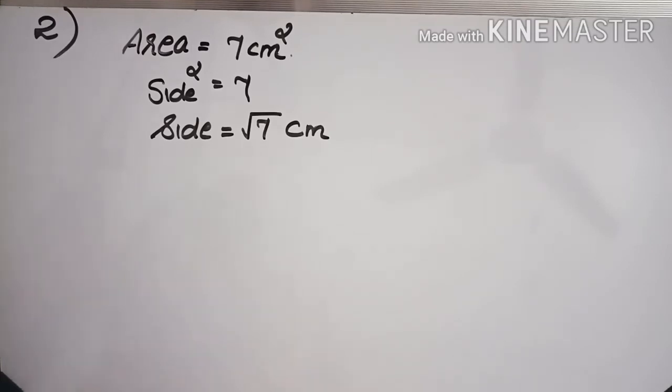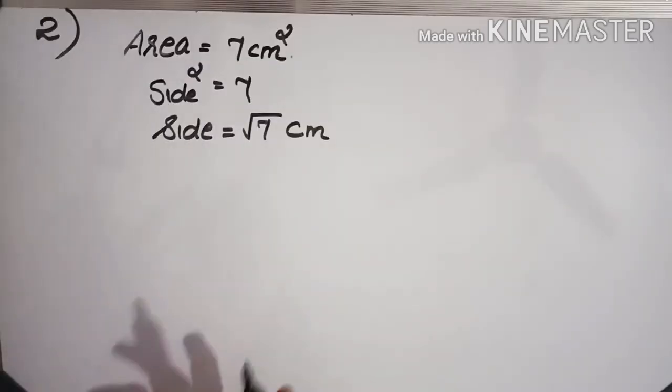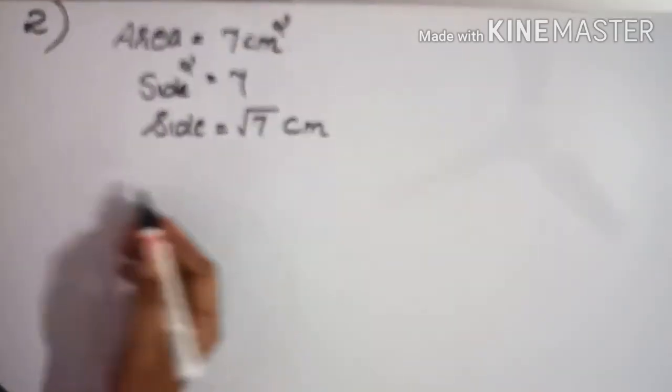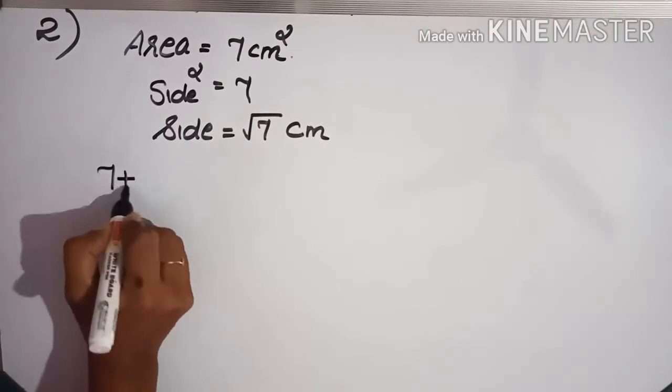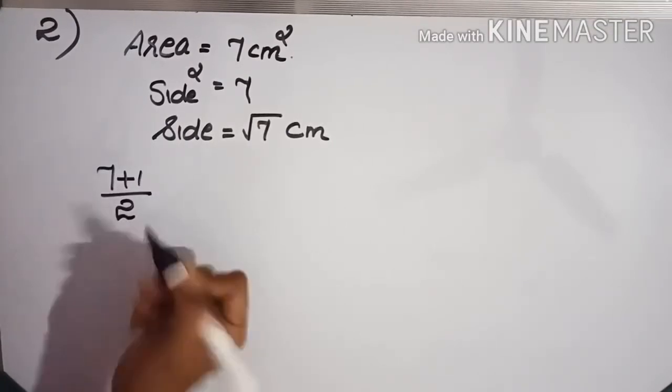So for that you have learned one method in 8th standard, but I know no one is remembering that. So in order to draw this root 7, just do this method. First 7. So 7 plus 1 whole divided by 2.